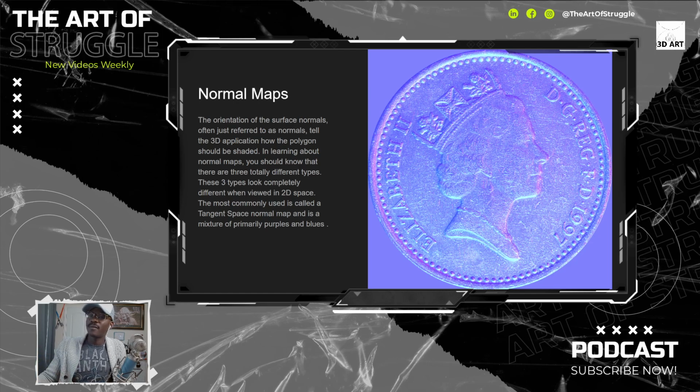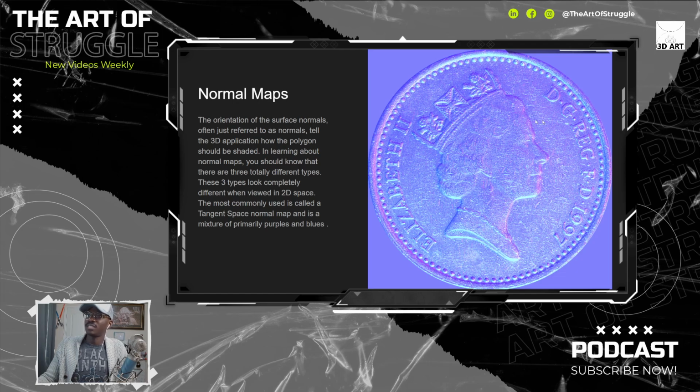In learning about normal maps, you should know that there are 3 totally different types. These 3 types look completely different when viewed in 2D space. The most commonly used is called tangent space normal maps and is a mixture of primarily purples and blues, right?